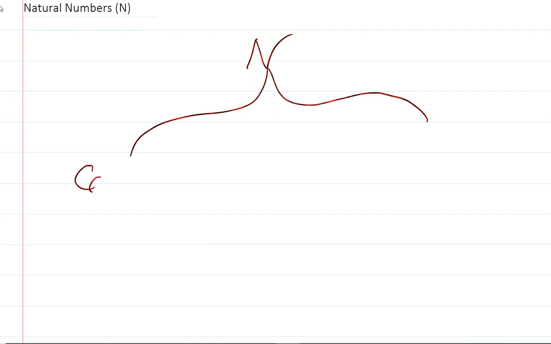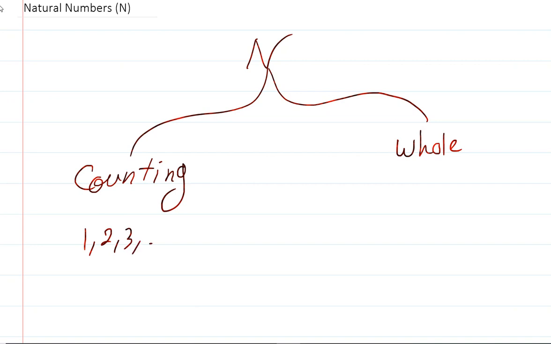The natural numbers here, if I ask you, can be called counting numbers, and also can be called whole numbers. What's the difference between both of them? A counting number, from its name, means all the numbers I use only in counting, like 1, 2, and 3, and so on.